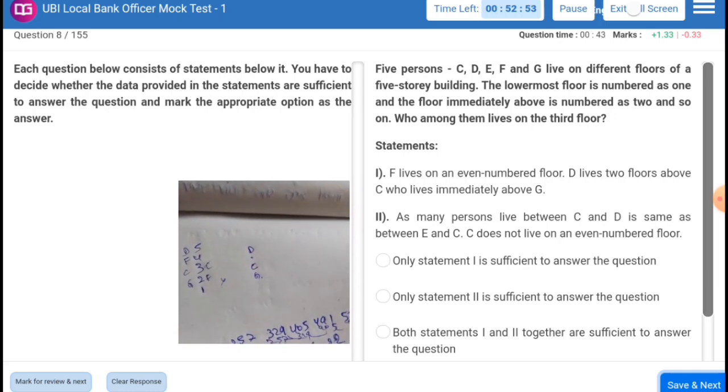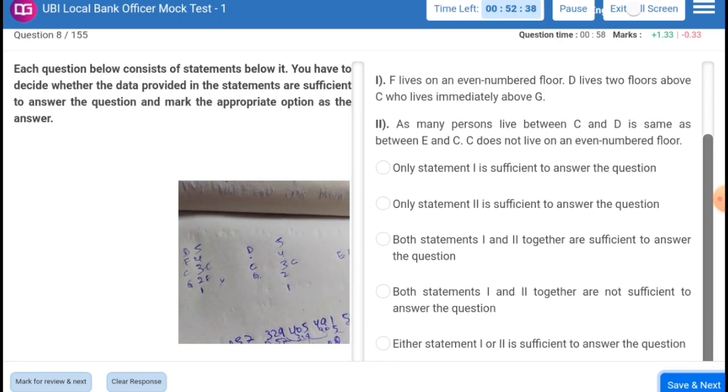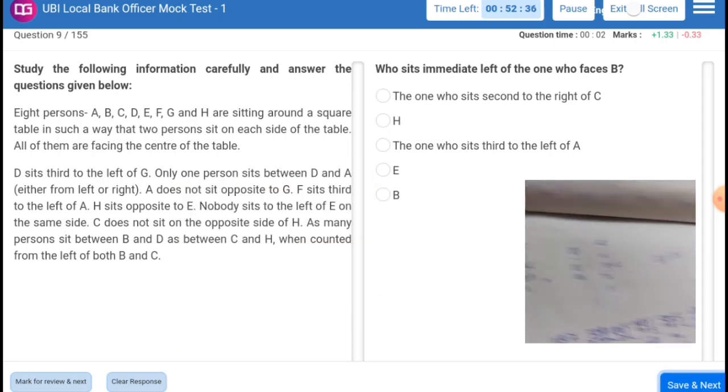C is on the third floor, and as many persons between C and D as between E and C. C is not on an even number floor. So either 1 or 2 is sufficient.